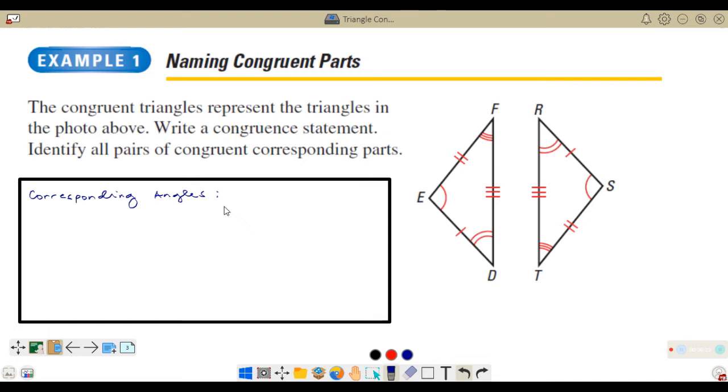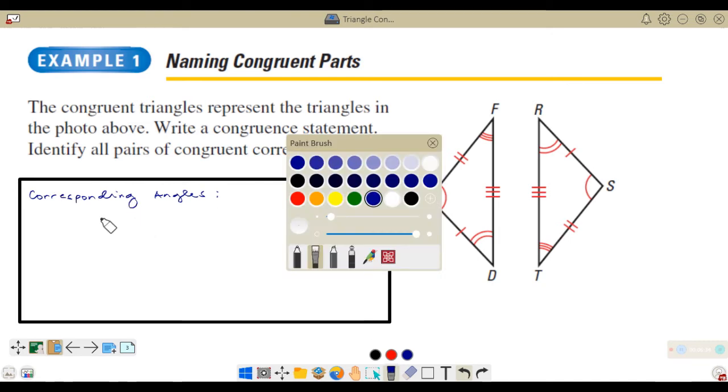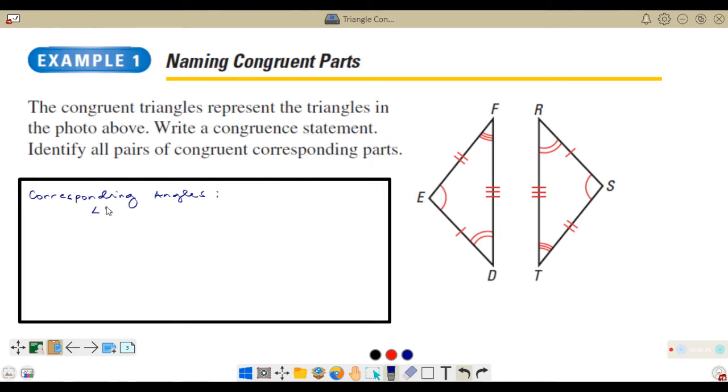Okay, what are the corresponding angles? Look at the markings. Napakadali lang ng clue natin. So, let's start with the first letter D. So, we have angle D is congruent to, dalawa yung markings niya, then it is congruent to angle R.